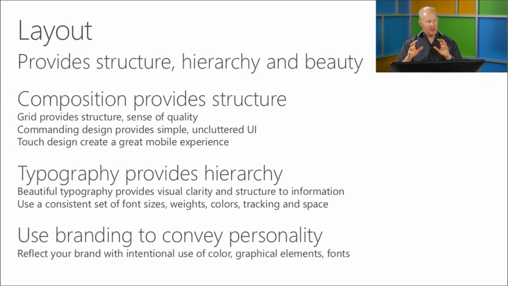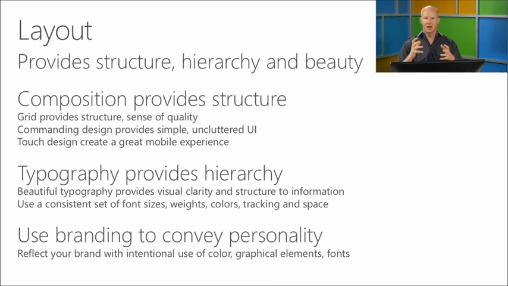And then when I start thinking about commanding, I think about that balance of commanding that goes on the surface versus that goes on the page, again very simple and uncluttered, versus something I might do in a transient UI, like an app bar or a flyout, where the user only has to look at it when they want to look at it. It's easy to find, they know where to find it. And then typography provides information hierarchy.